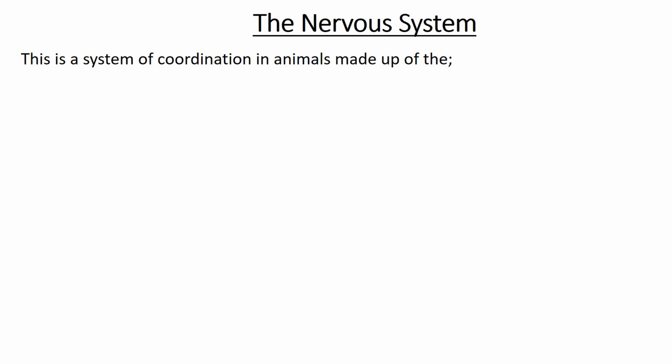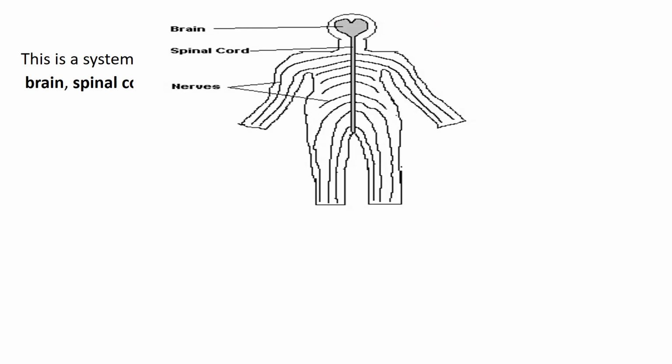Now we go to the nervous system, which is just a system of coordination in animals made up of the following three parts: the brain, the spinal cord, and the nerves. So this diagram gives us an idea on the three parts of the nervous system. So the brain, of course, it's this one here. The spinal cord is this, which goes all the way from the head to the lower part here.